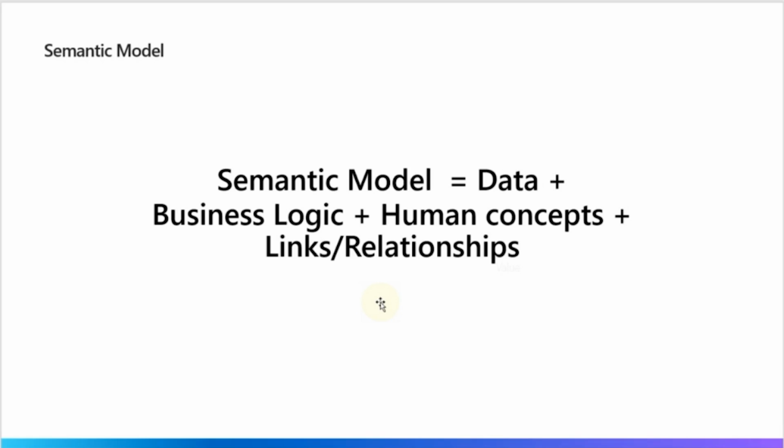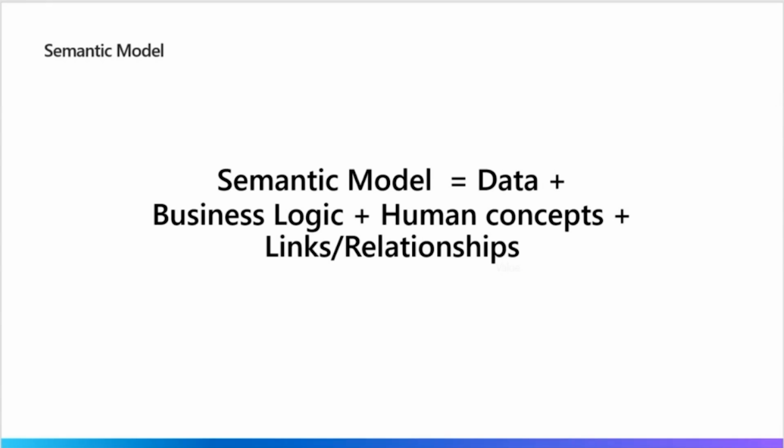These human concepts are something that is used within your organization, something that's very well known within your organization. And then you create relationships, like entity relationship diagrams if you're coming from the database world, to show how different data sources are related to each other.